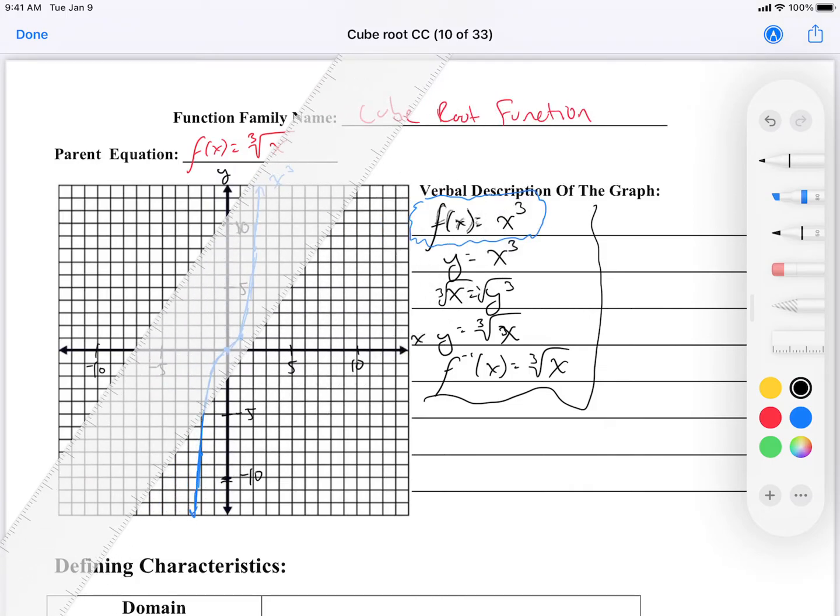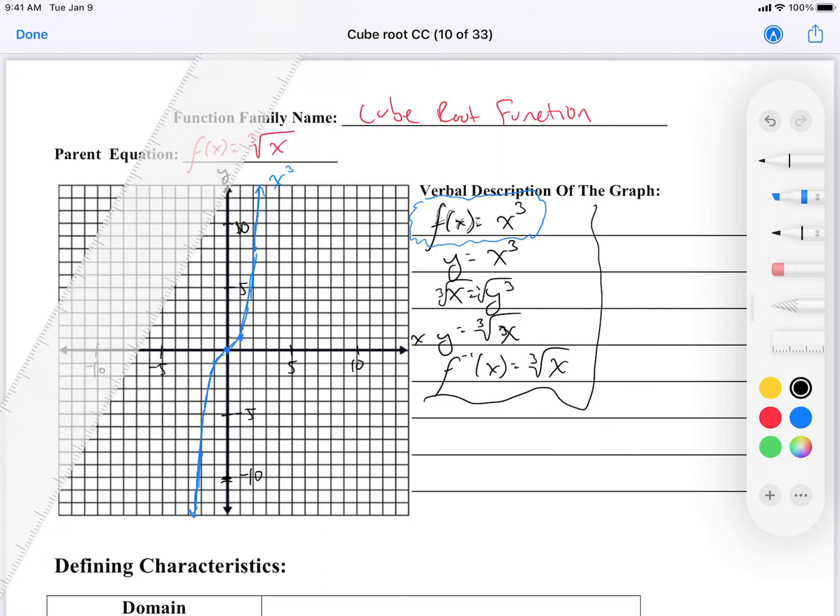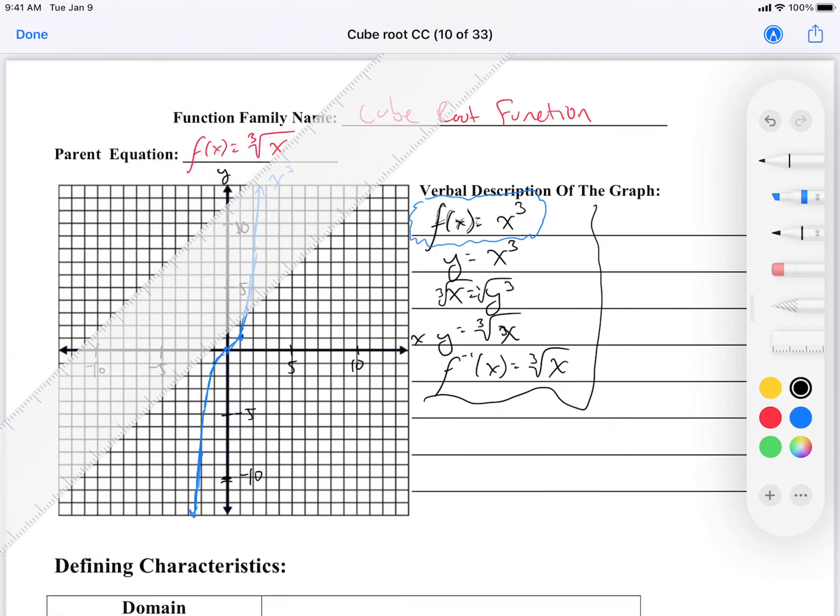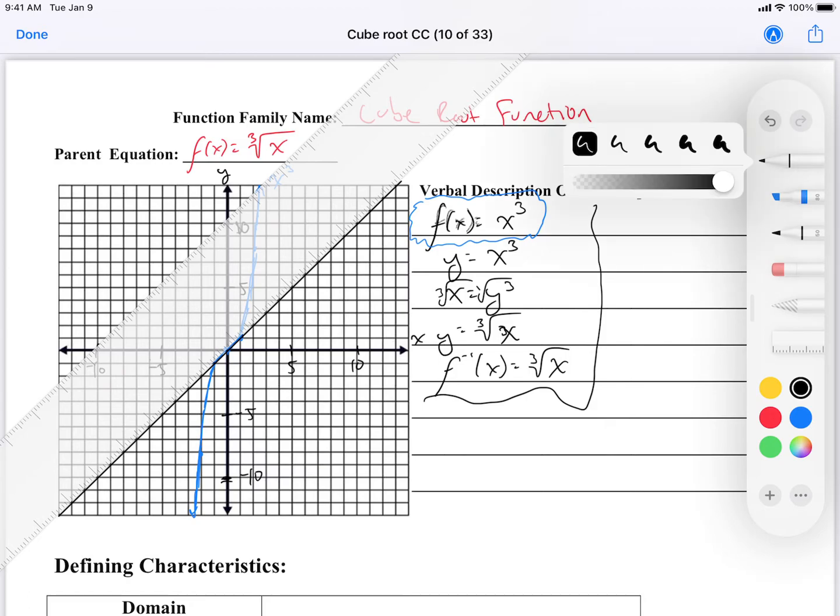So I'm going to graph the line y equals x in here, which starts here, here, here, and just has a slope of 1, passes through the origin. And this is my line, y equals x.